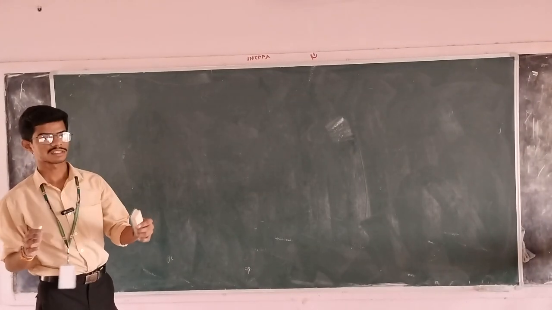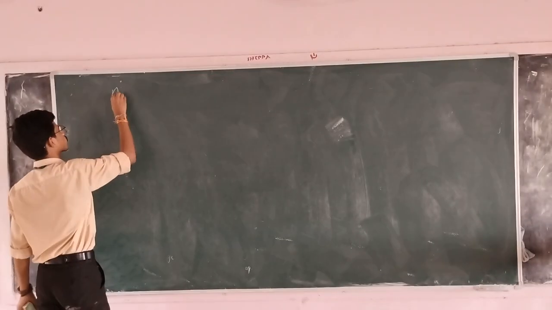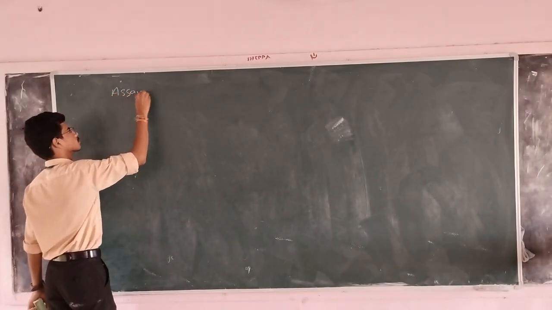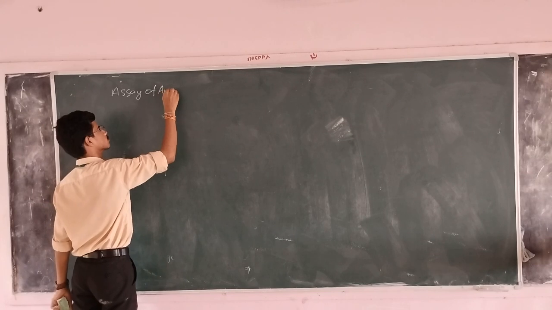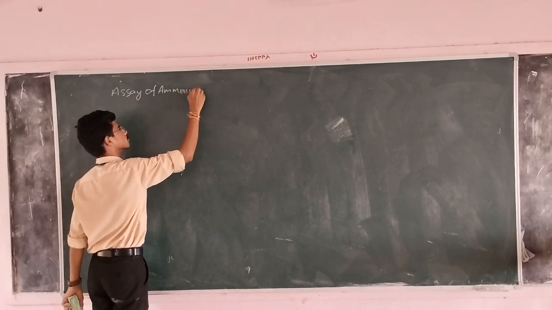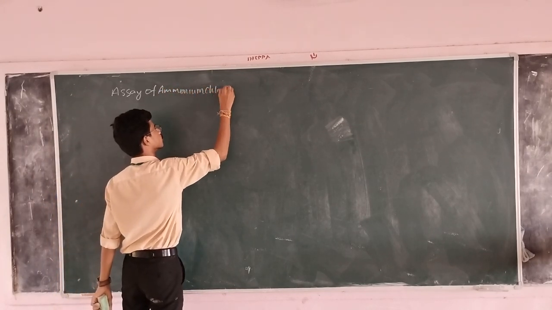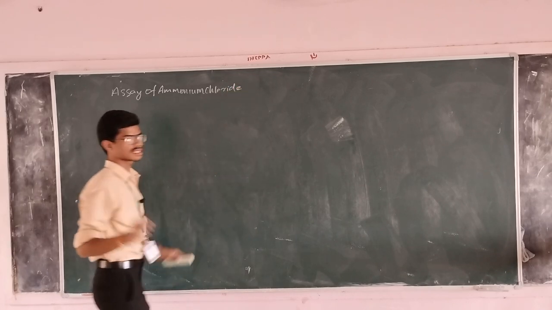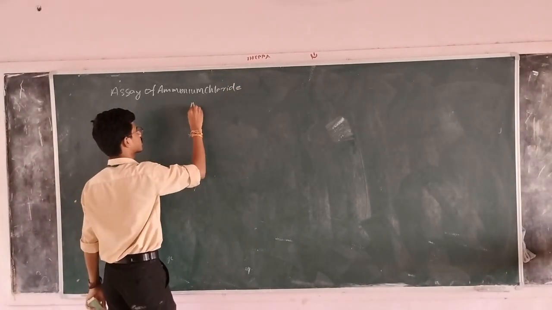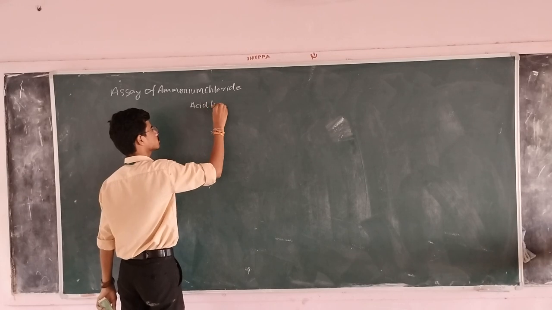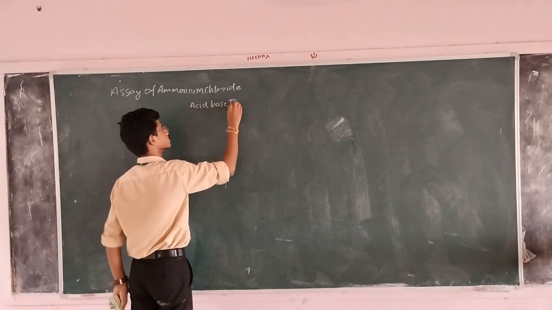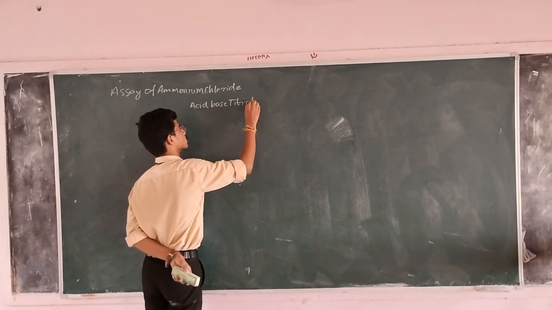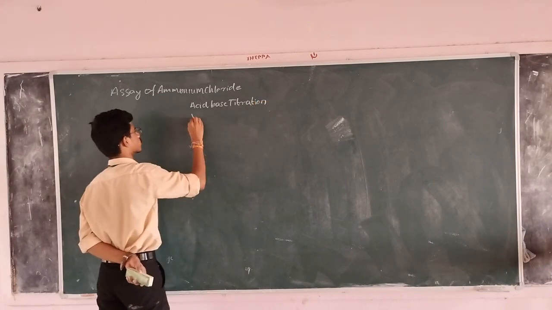And next we are going to discuss the assay of ammonium chloride. It is mainly assayed by two methods: the acid-base titration method and Volhard's method.